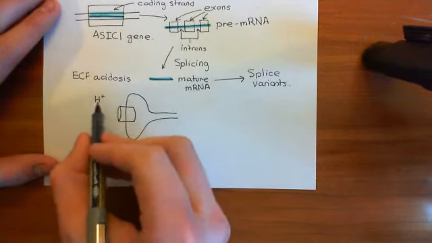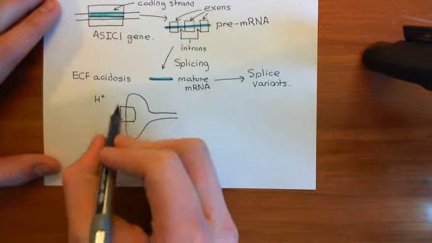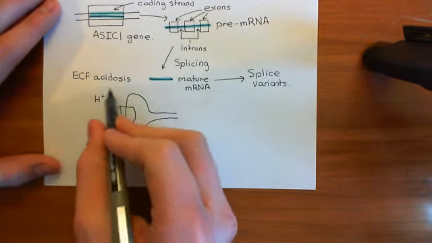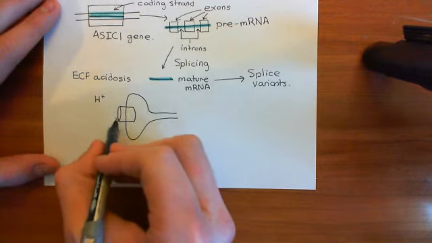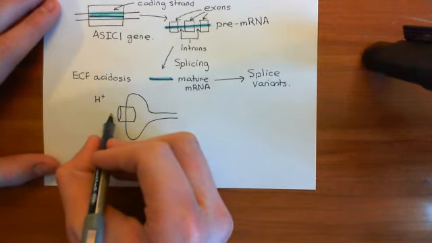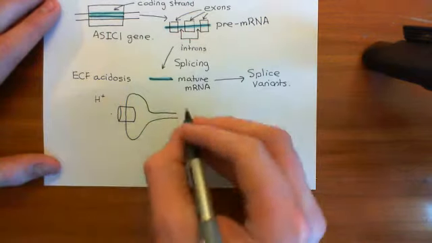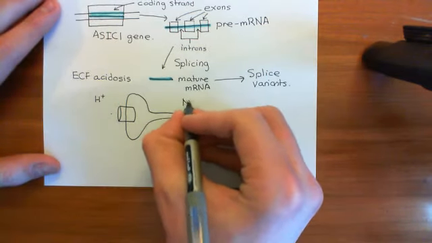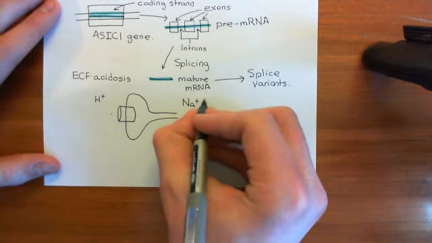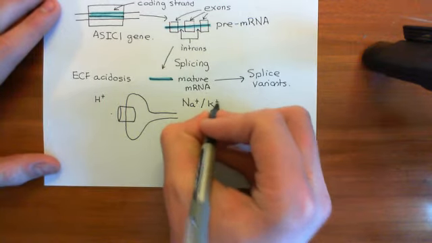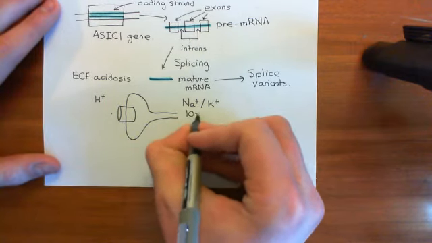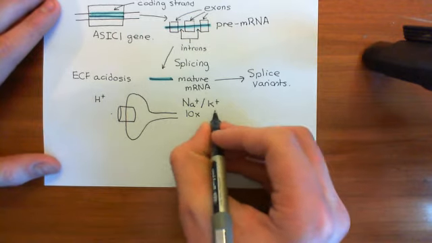So what happens is when proton concentration gets too high, i.e. the pH becomes too acidic, protons will start to bind to your acid-sensing ion channel and they'll cause it to open. Now when it opens, it's permeable mainly to sodium ions. It is permeable to potassium as well, but it's actually around 10 times more permeable to sodium than it is to potassium.